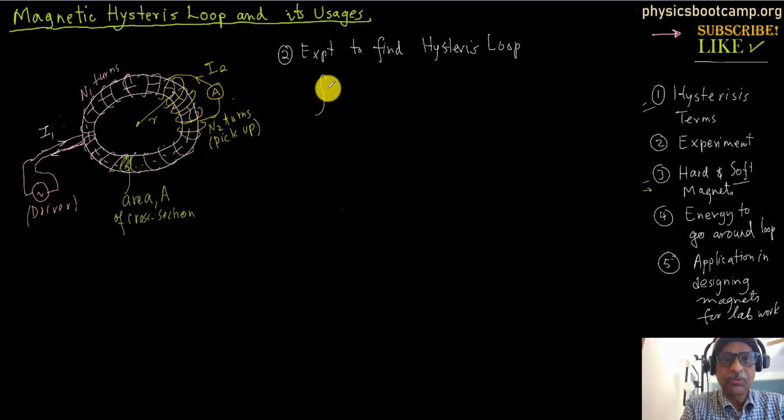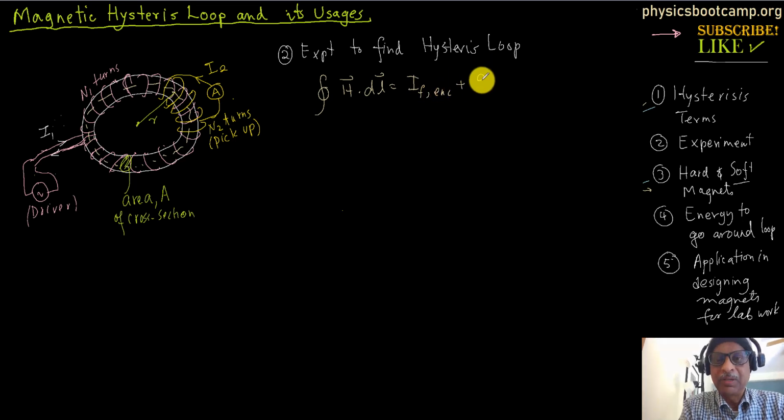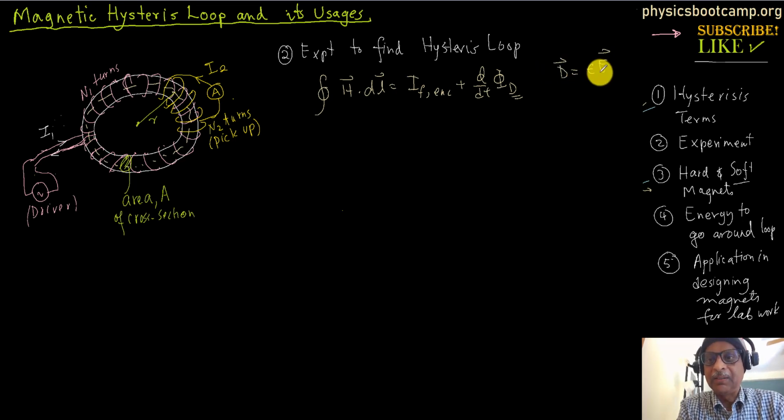If I solve this, the integral of H dot dl equals I free, the current enclosed, plus d/dt of the flux of the D field, right? This D field is related to the electric field and polarization.